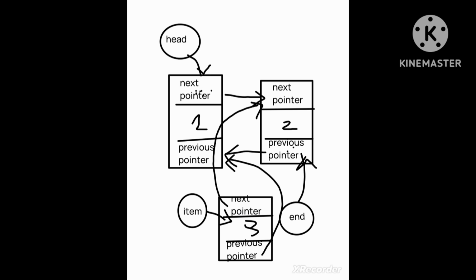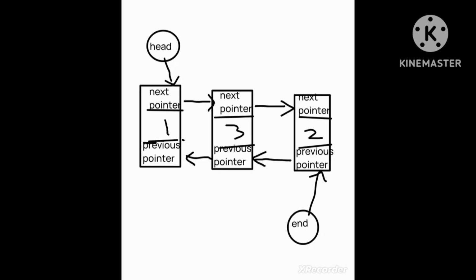Then we will link the previous pointer of the item node to the previous pointer of the next of the previous node. Then we will connect the next pointer of the first node to the item node, and then link the previous pointer of the second node to the item node, and then release the link between the first and second node. In this way the item node is inserted into the doubly linked list.